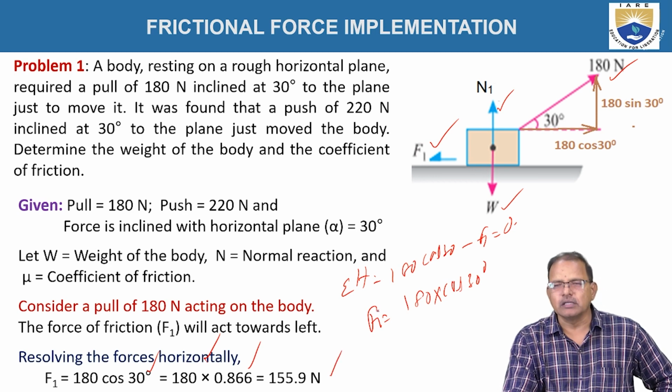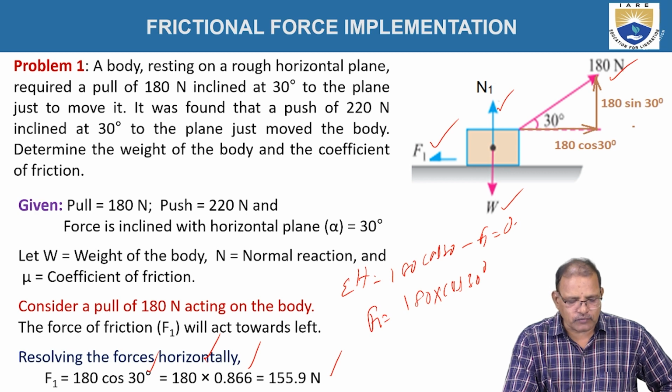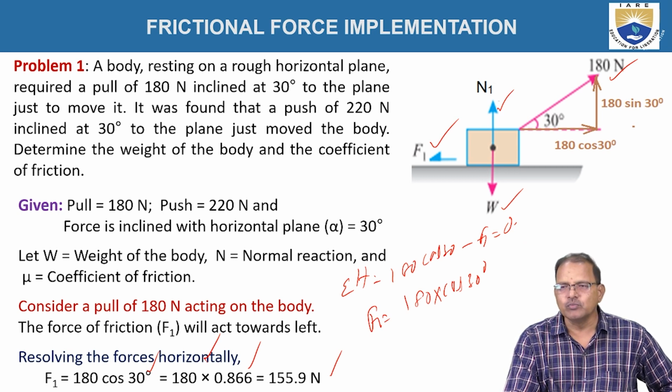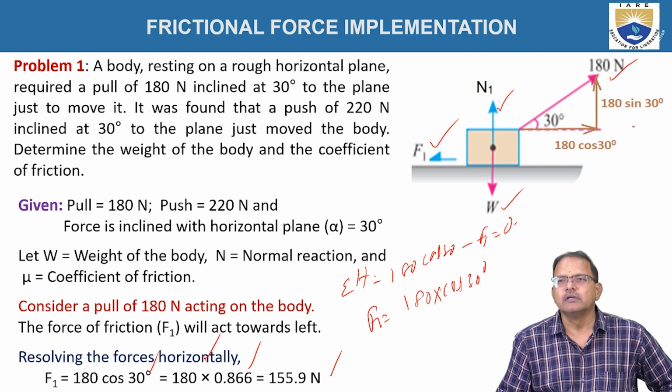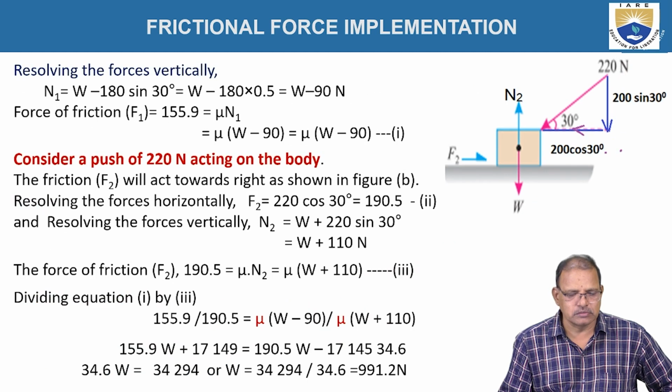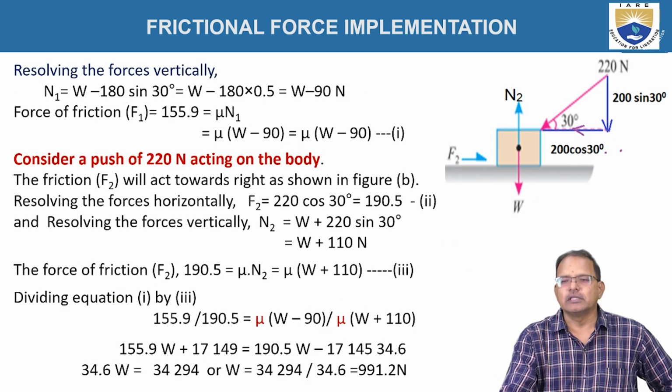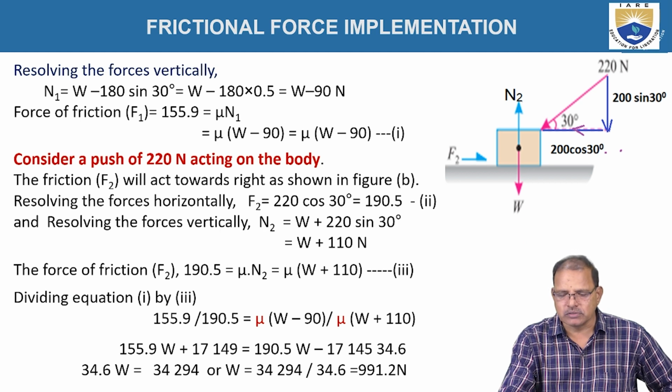This is the frictional force experienced between the contact surfaces when the 180 newton force is acting on the body to move it toward the right hand side. Now the sum of the vertical components of forces: the weight W acts downward and is treated as negative.